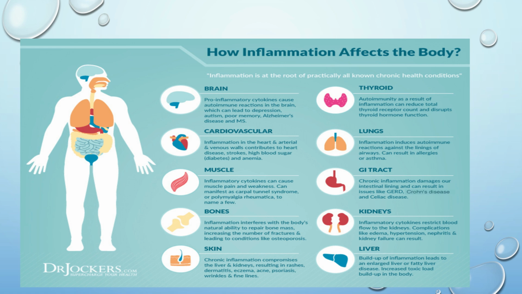Inflammation. So this is how inflammation affects the body. Inflammation is a natural defense for us. In acute situations, that means short term, the body's immune system is mobilized in a defense against damaged cells or viruses and other invaders.